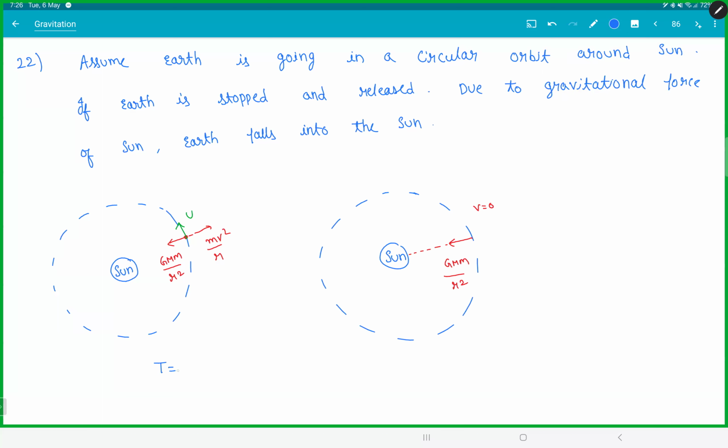And the time period for this is 365 days or 1 year, approximately. So the question is, if you just stop the Earth and leave it, in how much time will the Earth go and fall into the sun? Find the time taken for Earth to fall into the sun.